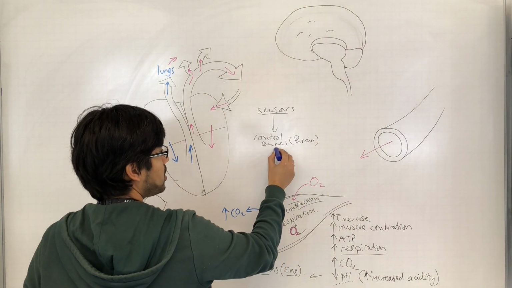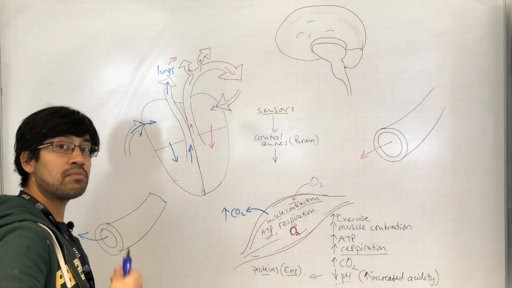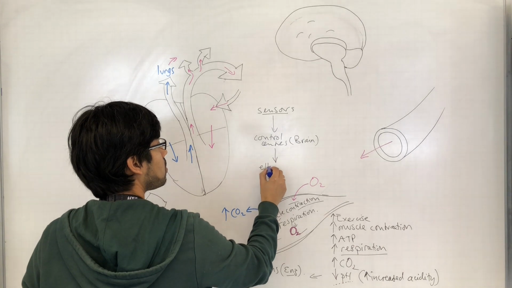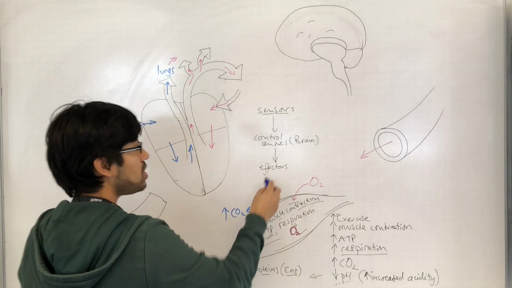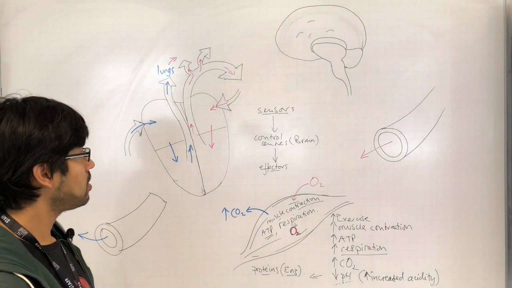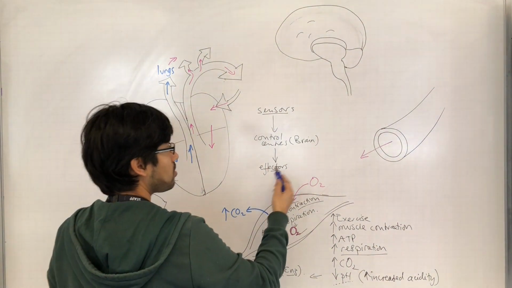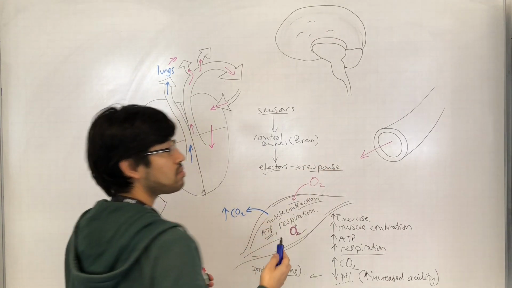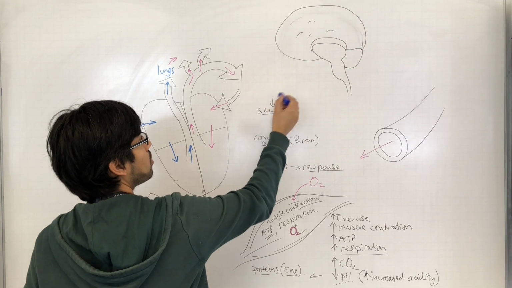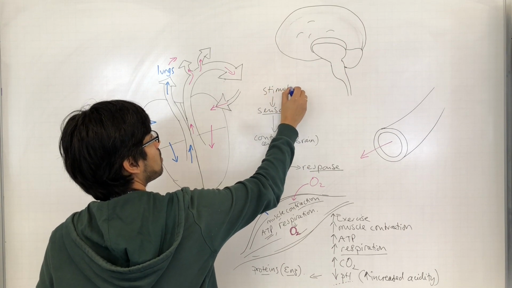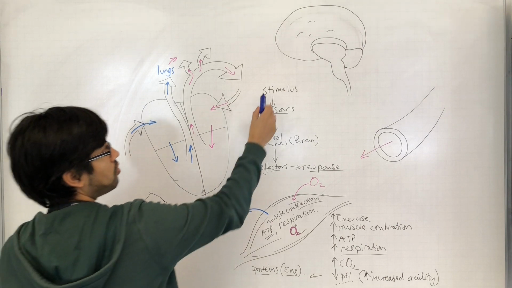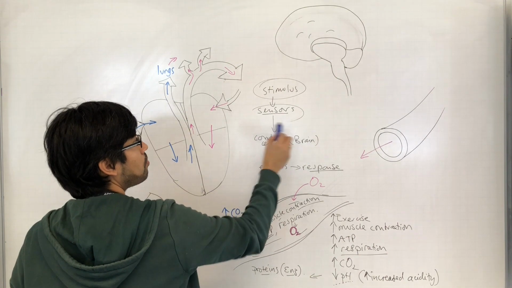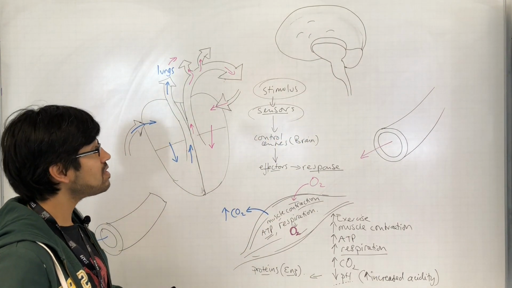The control centers can then relay information, messages again, to parts of the body that act as effectors, and when the effectors are stimulated, then we make a response to whatever the stimulus was. So you have a stimulus, something changes, the change is detected by parts of the body that act as sensors.